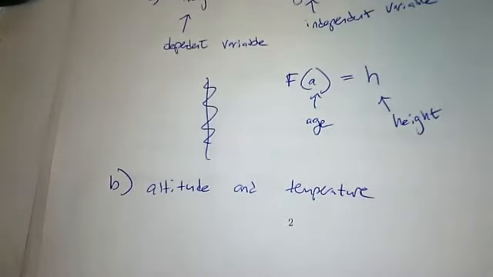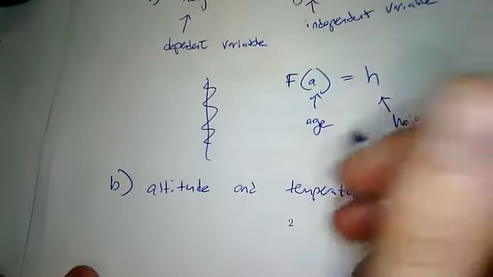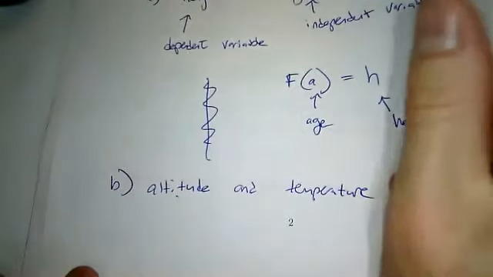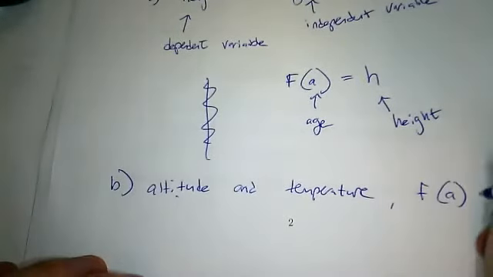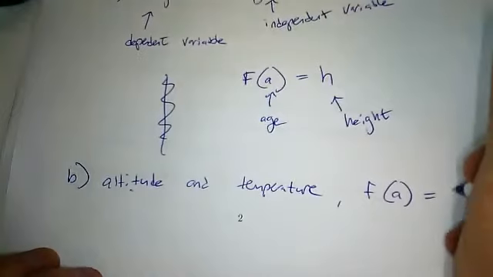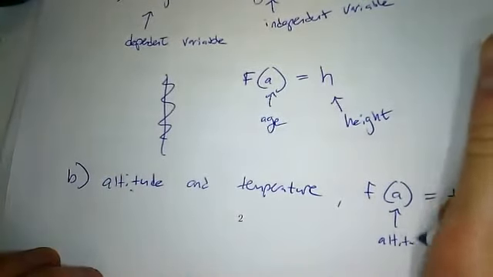As you go up and up, the temperature gets colder and colder, right? So in this case, my function would relate the altitude to the temperature. So my function would be f of altitude, which I'll call a, equals temperature, which I'll call little t.